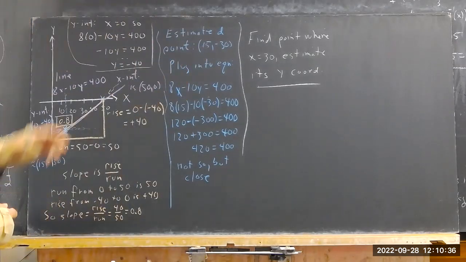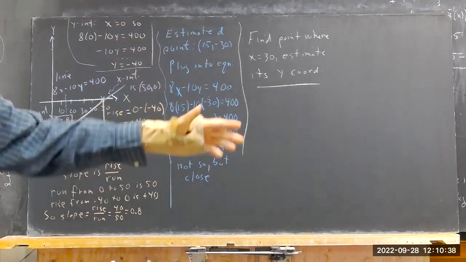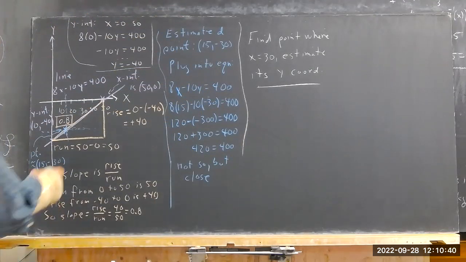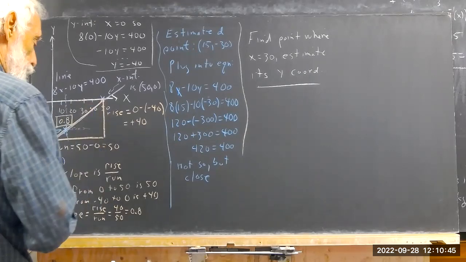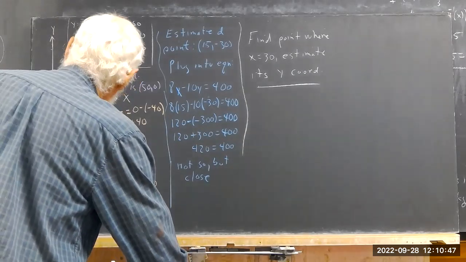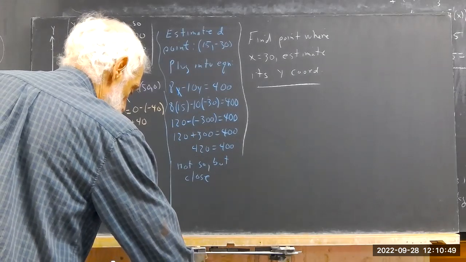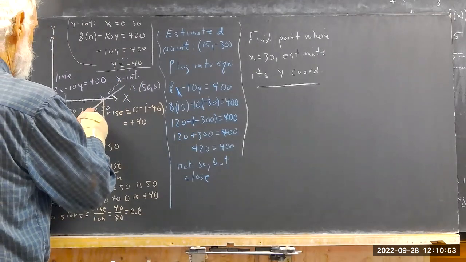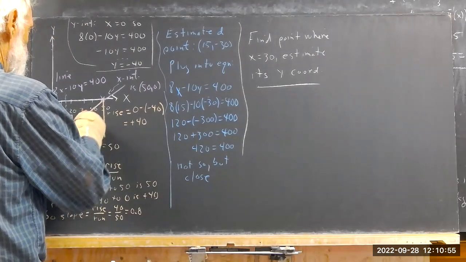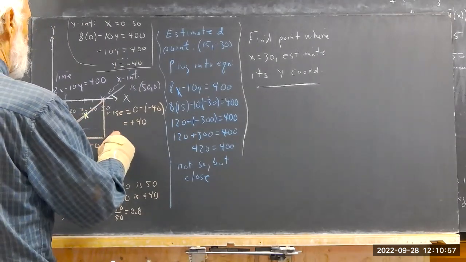So when I ask you, find the point where x equals 30 and estimate its y coordinate, you got to locate that point. I'll use a different color here. What haven't I used? I'll use green. Okay, here's the point.